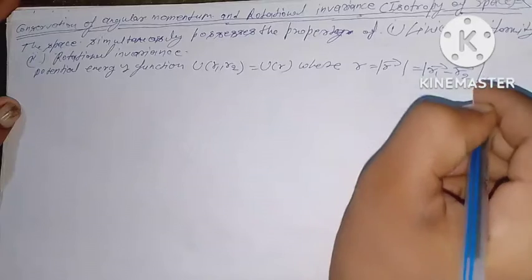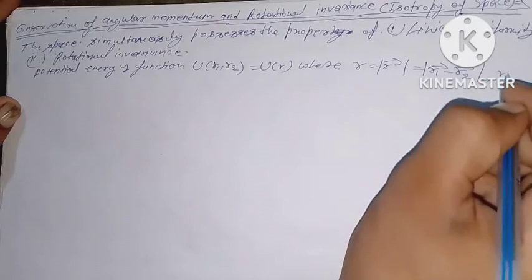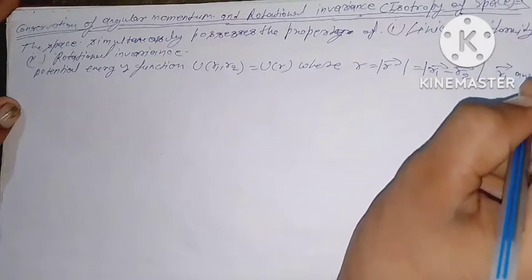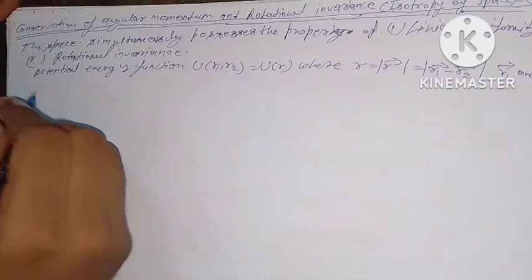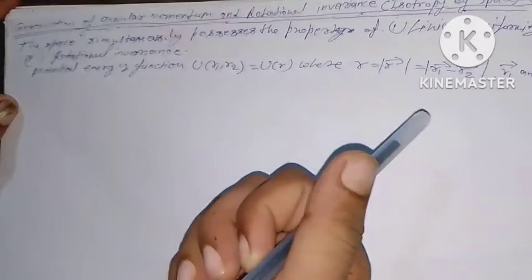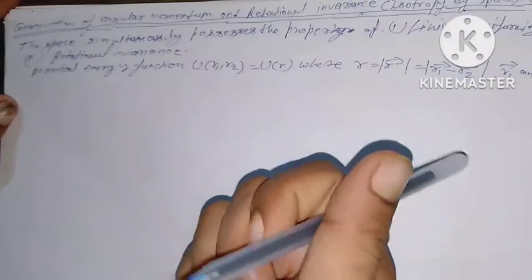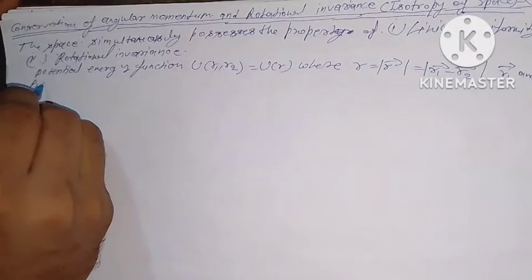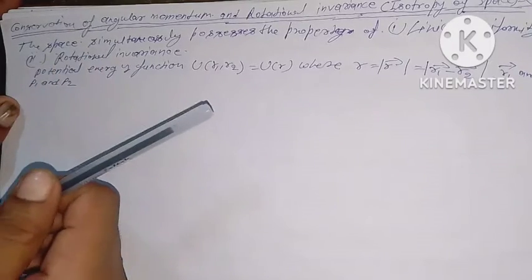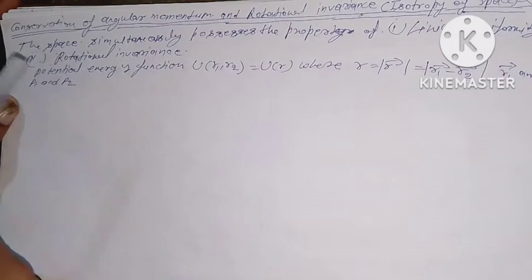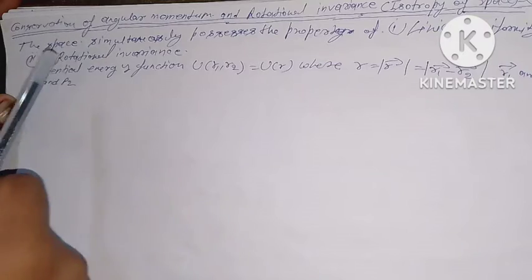Vectors r1 and r2 are the space coordinates of the two interacting particles P1 and P2 respectively, and satisfy both the conditions stated above.